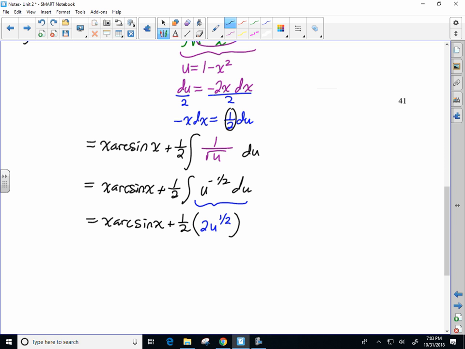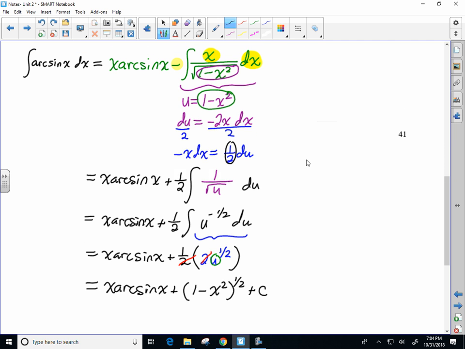And I could put it back in terms of x, and we would get arcsine of x plus, let's do, guys, a cancel. The u, which is 1 minus x squared to the 1/2, or you could write it as a radical, plus c.